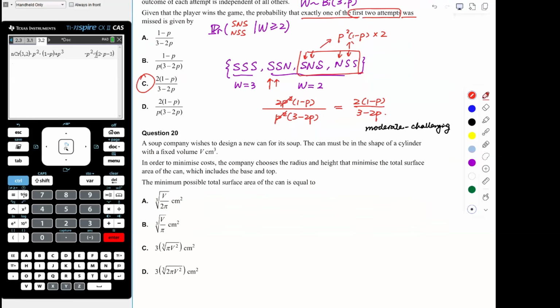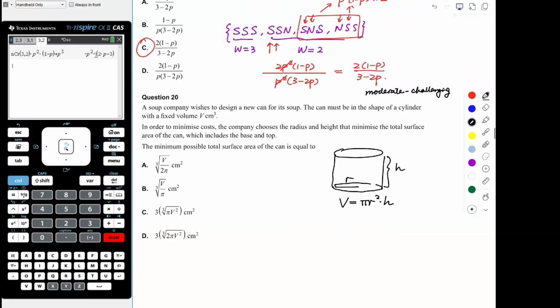All right, question 20. A soup company is building, let's say, a cylinder of volume V. So this is the height. This is the radius. So V equals pi r squared times h. Therefore, your h is V divided by pi r squared.